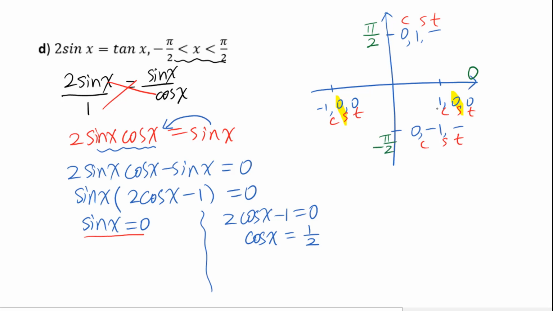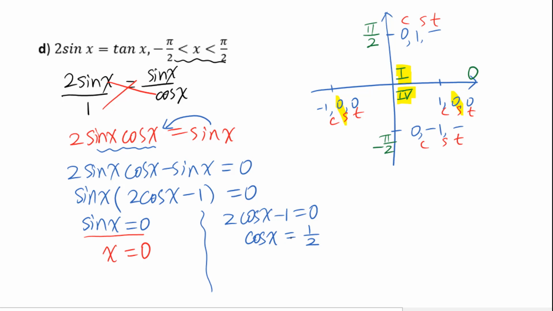Then from 0 to negative pi over 2, it's the fourth quadrant. So you have first and then the fourth quadrant only. In other words, domain is only in the first and the fourth quadrant. So x equals 0.